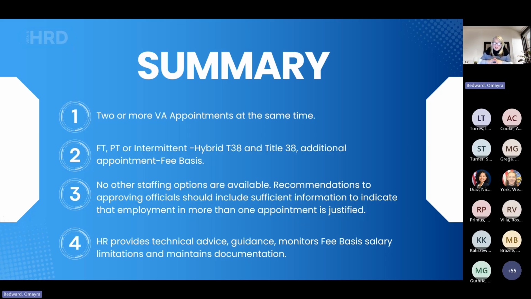The recommendations to the approving official should include sufficient information to indicate that the employment in more than one appointment is justified. And we also covered that HR has to provide the technical advice, it provides guidance, it monitors fee-based salaries, limitations, and it maintains documentation.